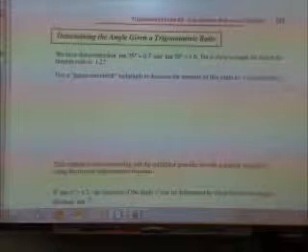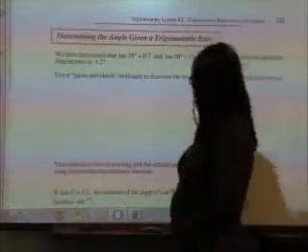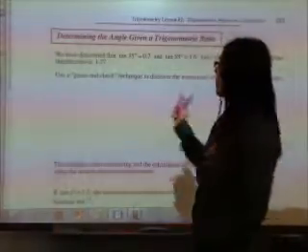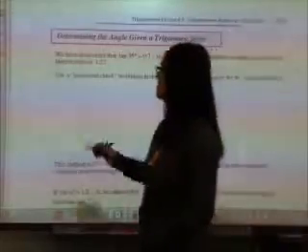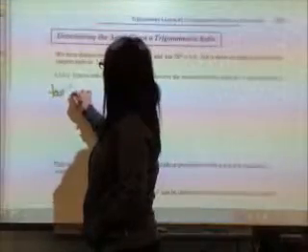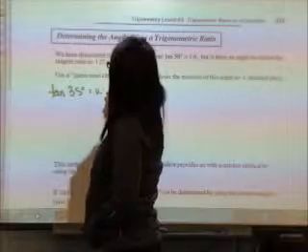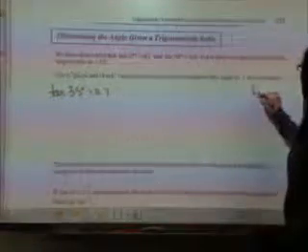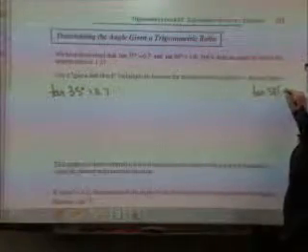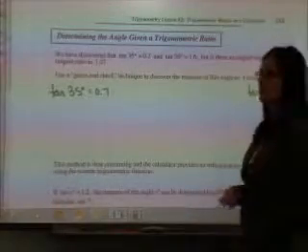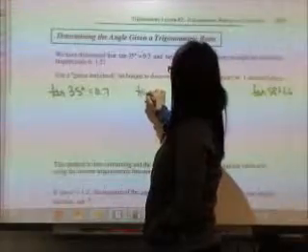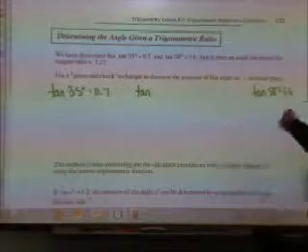It says we have discovered that tan 35 is 0.7 and tan 58 is 1.6. But is there an angle for which tangent is 1.2? If we did a guess and check, we know tan 35 is 0.7 and tan 58 is 1.6, so we need to be almost right in the middle.